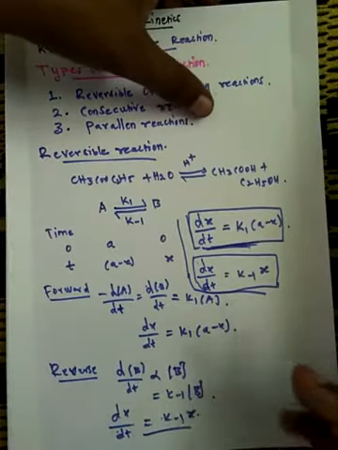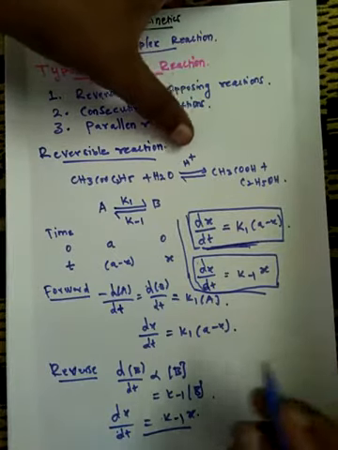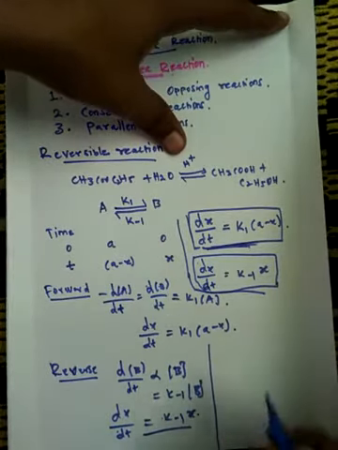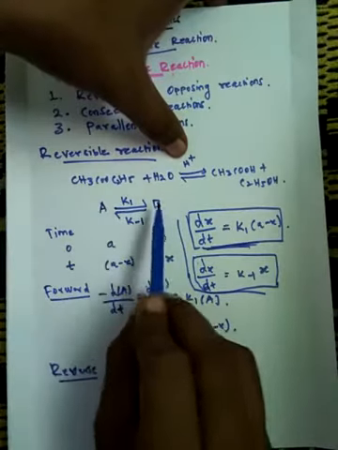And the net rate of the forward reaction will be given by net conversion, forward reaction and reverse reaction.